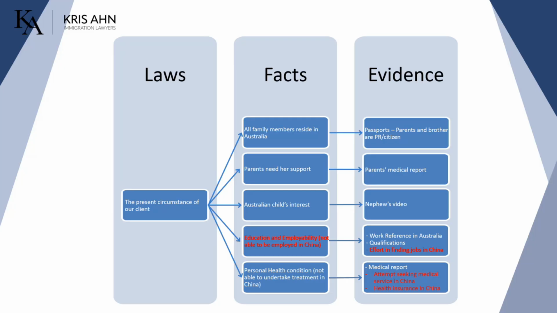The third fact is about the Australian child. Because my client is single and doesn't have a child, we're trying to use the nephew. My client's nephew is one of the older brother's sons, to be the Australian minor child. The story here is that my client's brother got divorced before, and the child is with his ex-wife.